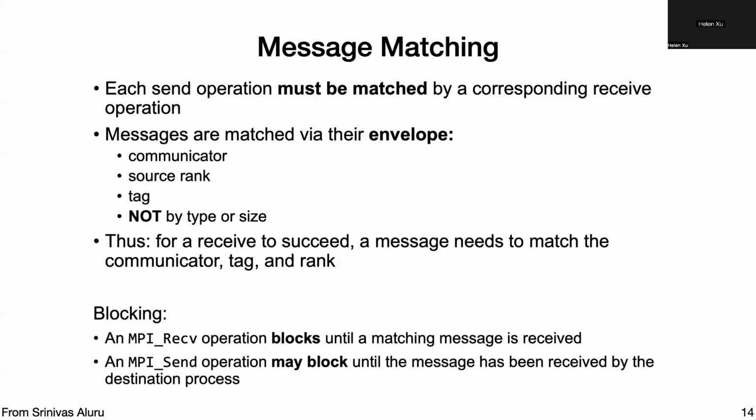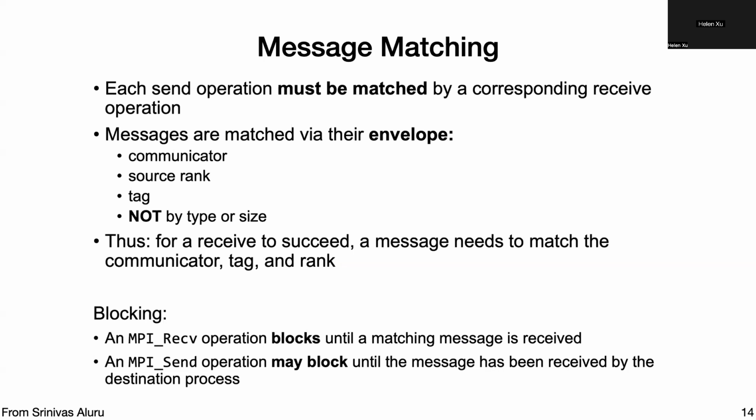Like I said, every send has to be matched by a corresponding receive. Otherwise, for the blocking case, the thing is not going to finish. For matching, they have to match by the envelope, which is the metadata. So the entire communicator, the source rank, and the destination rank need to match. If you're sending from 0 to 1, there has to be a corresponding receive from 1 to 0.